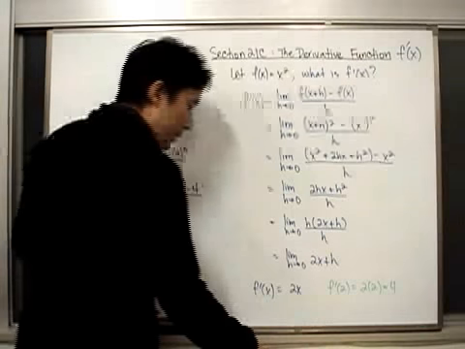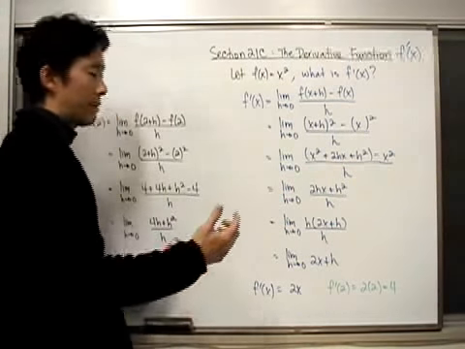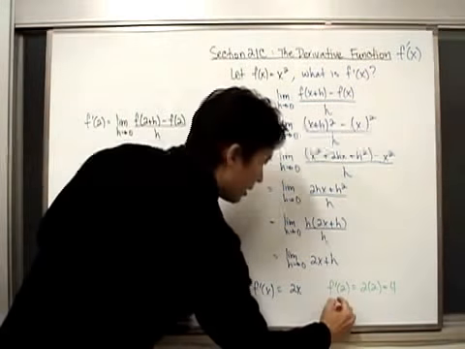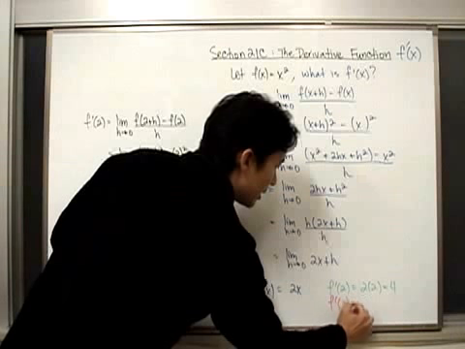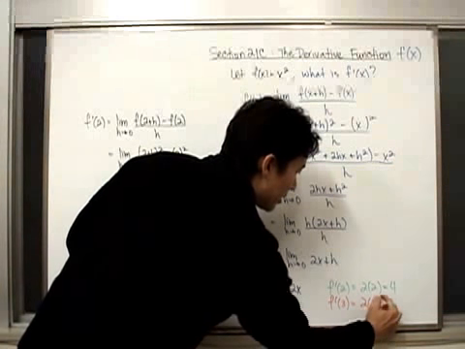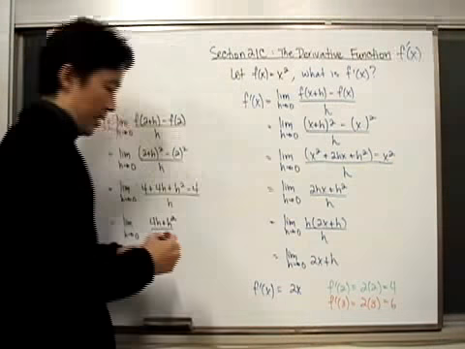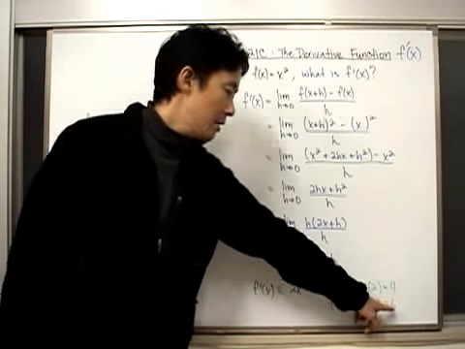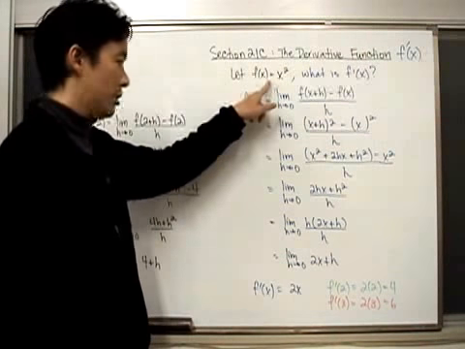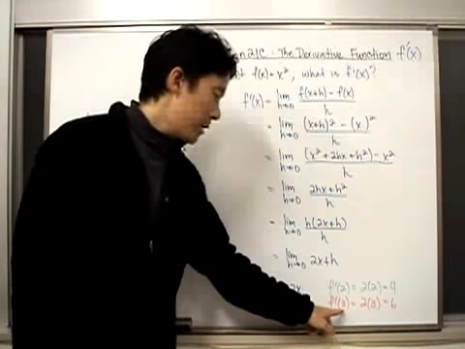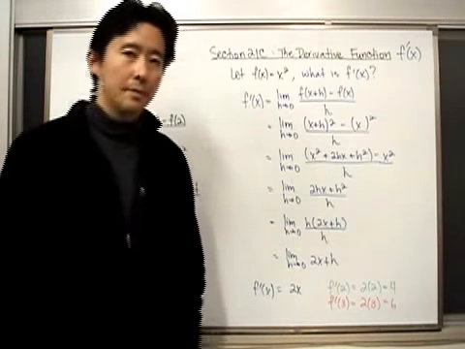Now, of course, what if I wanted to find f prime of 3? F prime of 3 is just 2 times 3, which is equal to 6. The instantaneous rate of change for this particular function at x equals 3 is 6.